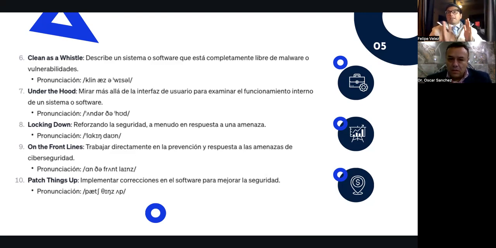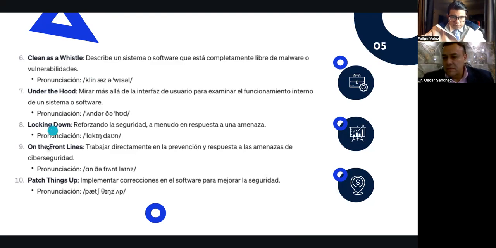It's a command. When we say locking down, hey, Oscar, what are you doing? I'm locking down the information. I'm locking down the system. So when you lock down the system, it means to increase the security. If you have one firewall, you increase another firewall or another system.